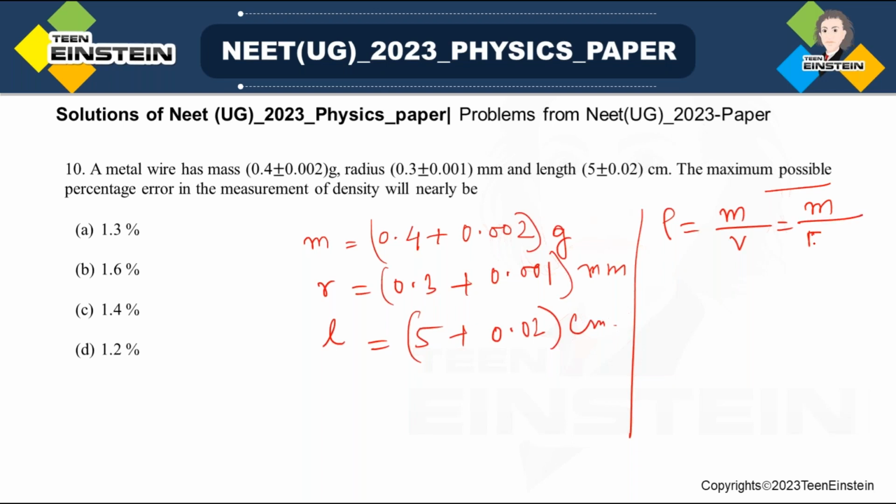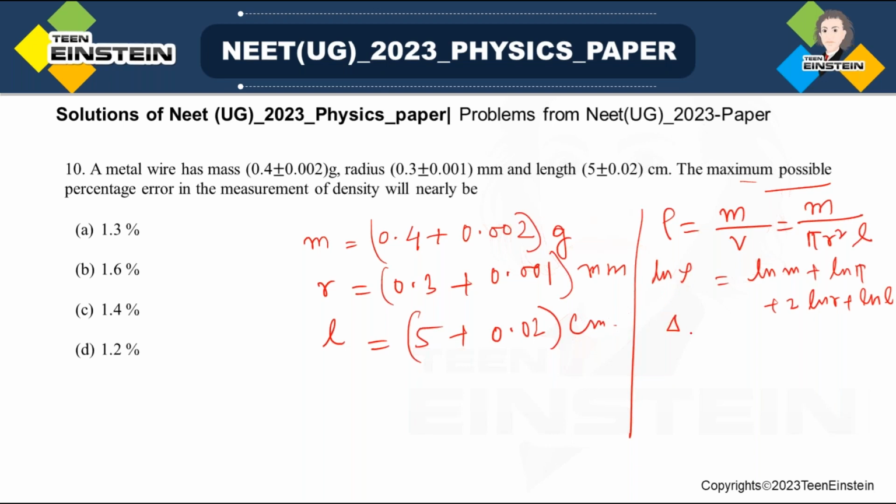V can be written as pi r square L. Now look, to find the maximum percentage error, we need to take the logarithm, and for maximum possible error we will write all of them with a positive sign: ln pi plus 2 ln r plus ln L. Now you have to take the derivative of each of them.